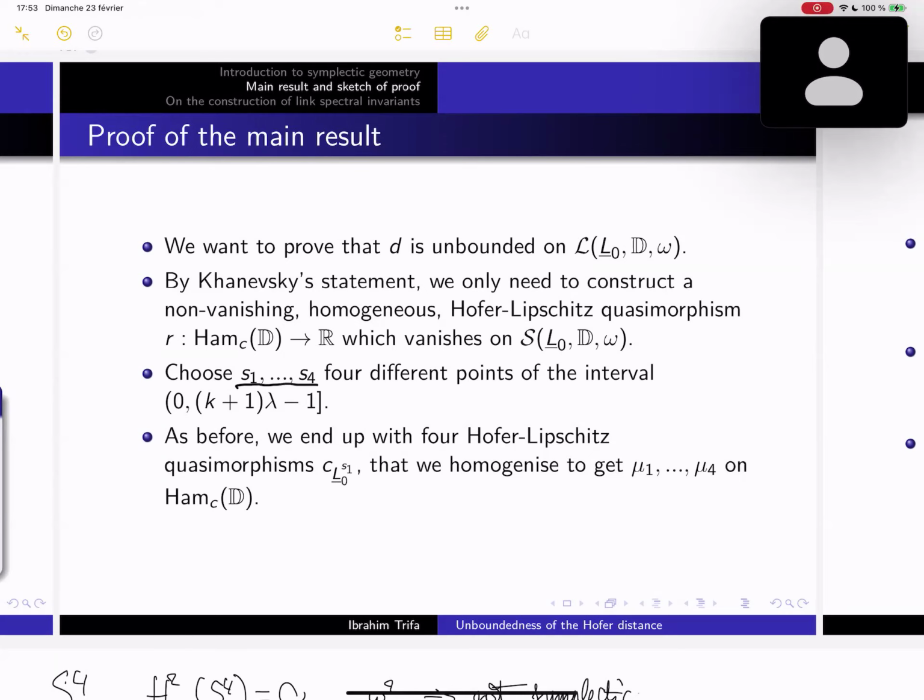And we end up with those Hofer-Lipschitz quasimorphisms, and we homogenize them to get quasimorphisms mu 1 to mu 4 that are homogeneous this time on the set of compactly supported Hamiltonian diffeomorphisms of the disk.